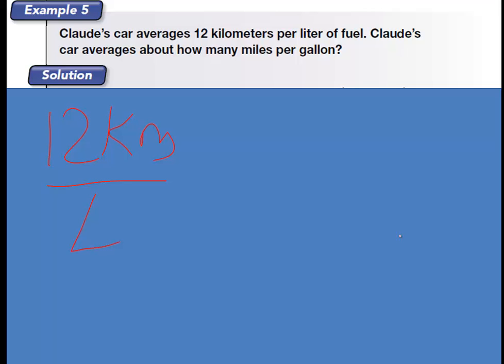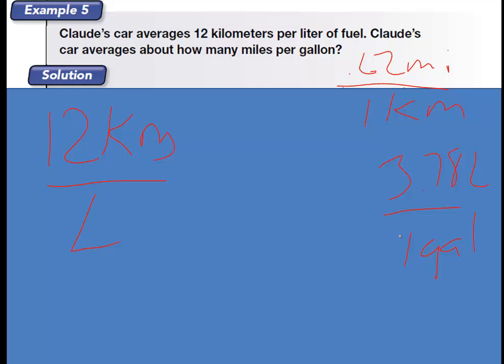Well, I'll tell you that 0.62 miles is equal to 1 kilometer. Okay, I'll give you that information, and I'll also tell you that 3.78 liters is equal to 1 gallon. All right, so there's your multipliers. See if you can solve it. Pause the video and try to do it on your own.